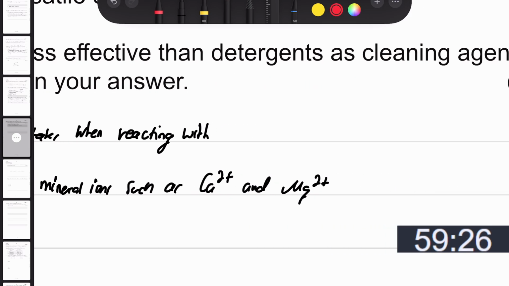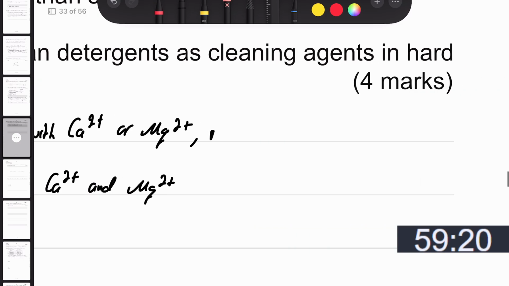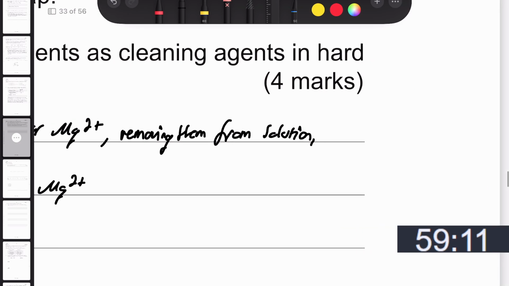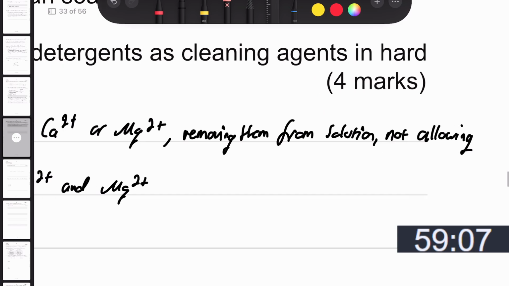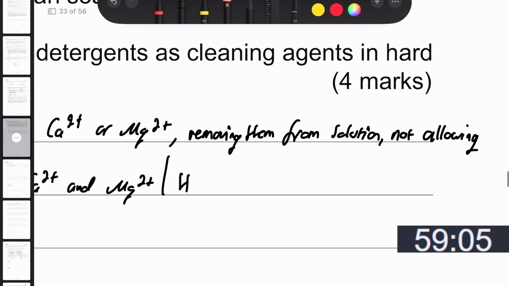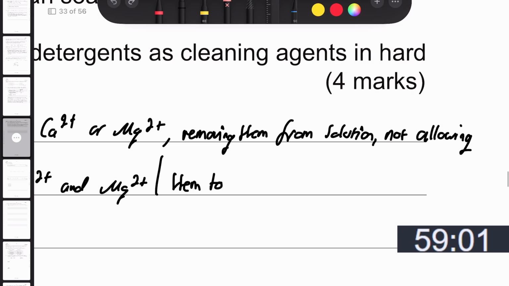And soaps will react with Ca2 plus, Mg2 plus, removing them from solution, not allowing them to complete the cleaning action.